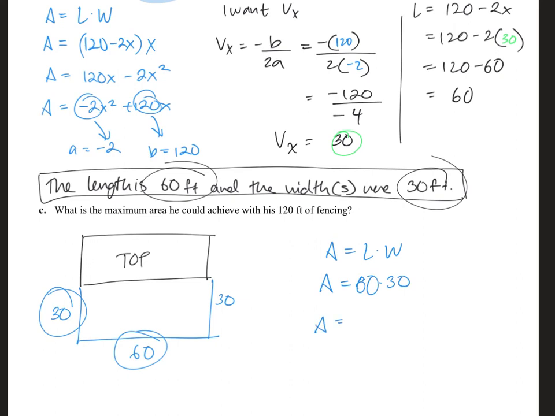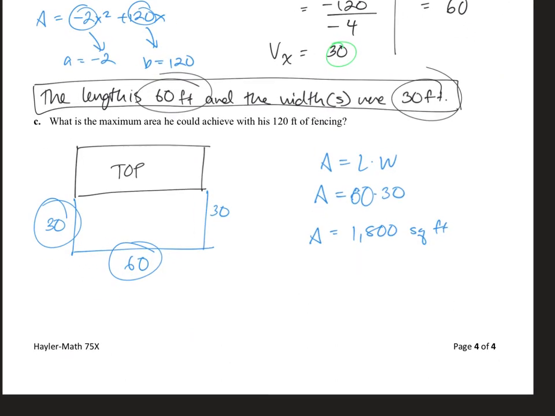So area is going to equal 60 times 30, which is 1,800 square feet. So my answer is: the maximum area is 1,800 square feet. Or you could write feet squared.